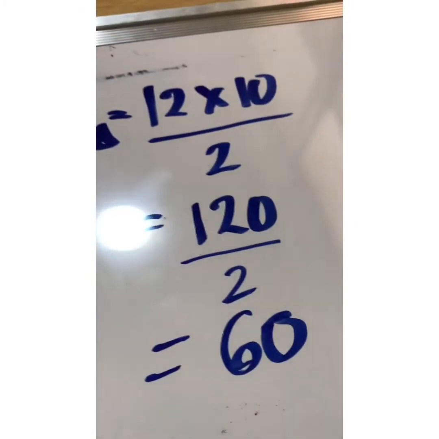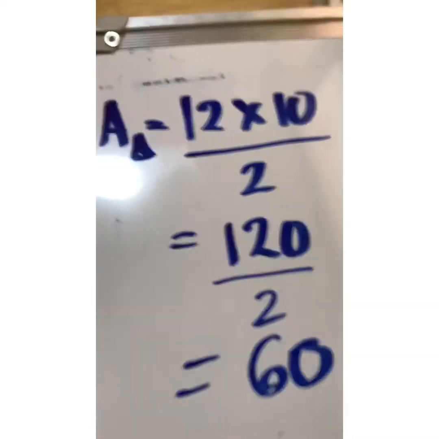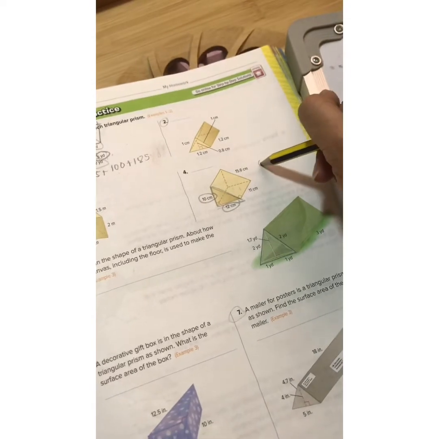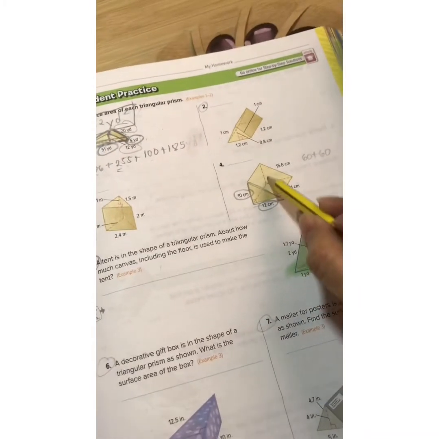What's the unit? We got cm. We can write the unit later. Okay? So the 60 is for the two triangles. Alright, so we'll write it on the side. We'll write 60 plus another 60 because we have two triangular faces, and they are equal. Right? Okay. Now, let's have the rectangle.